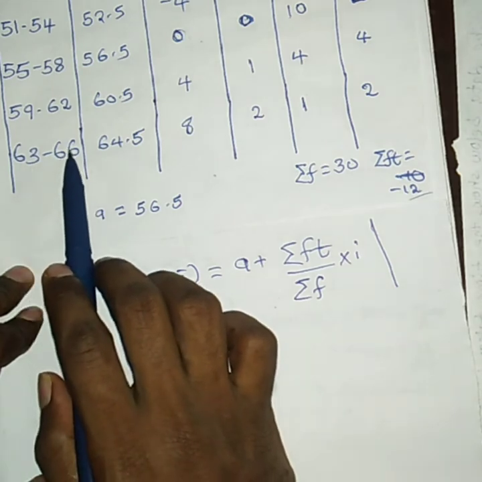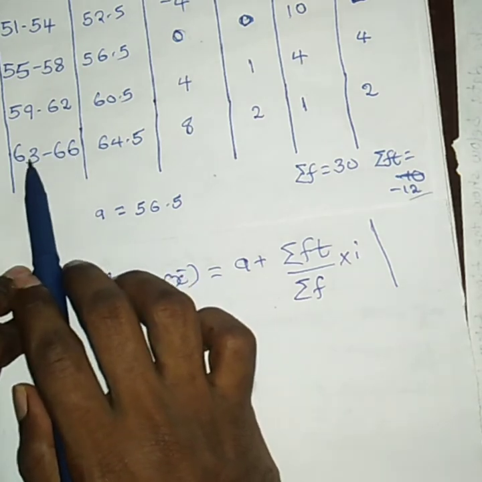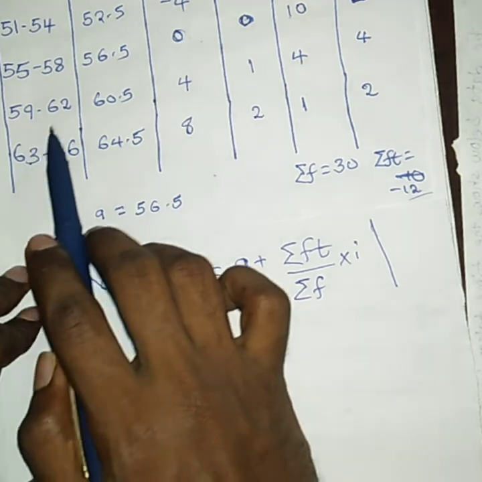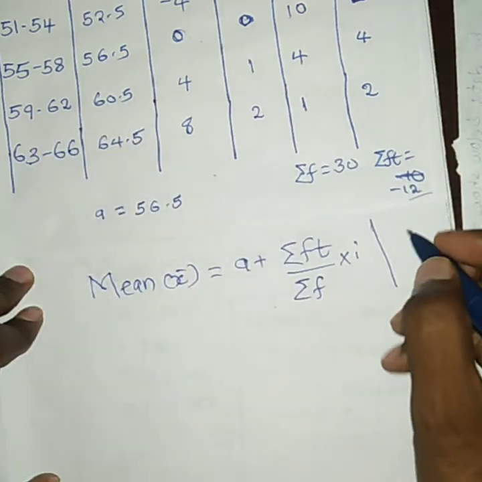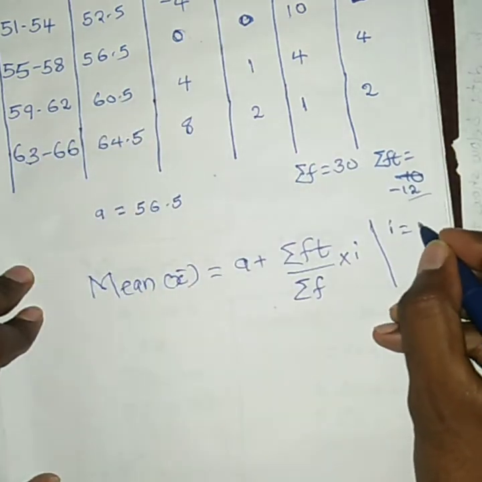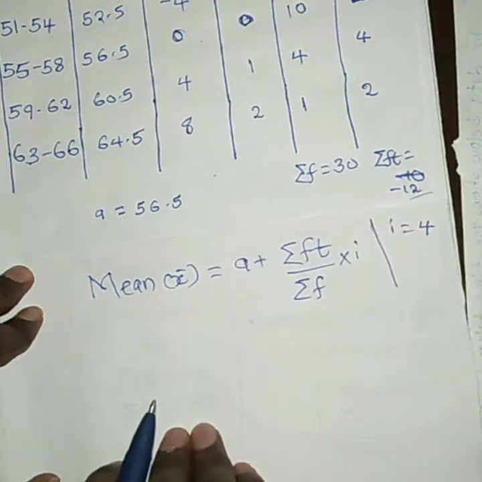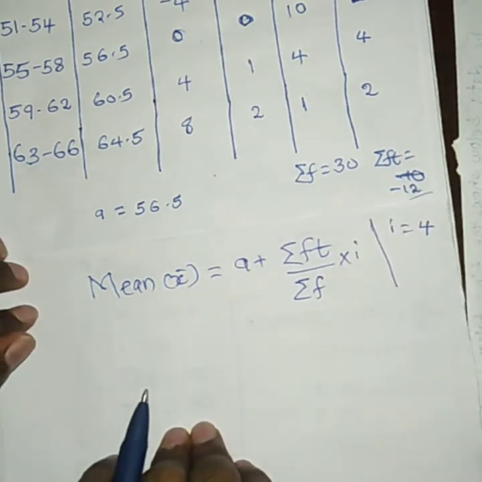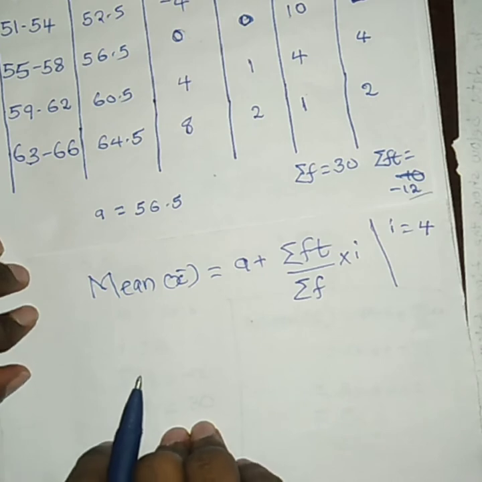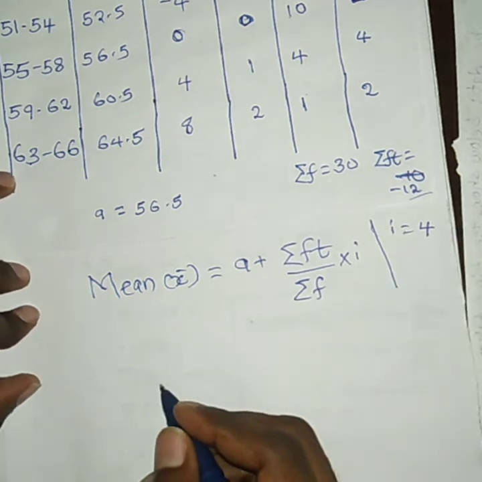For the class interval, you subtract the lower limit from the upper limit, then you add 1. Then our I is equal to 4. We subtract 63 from 66 plus 1, and we get 4.